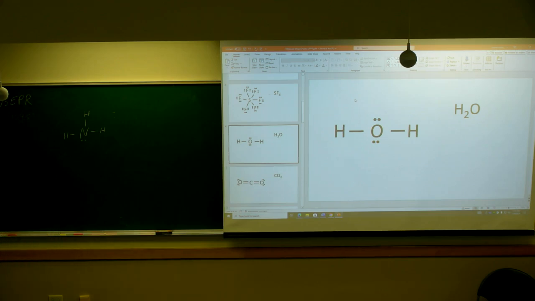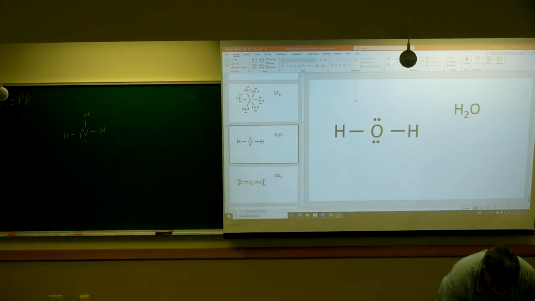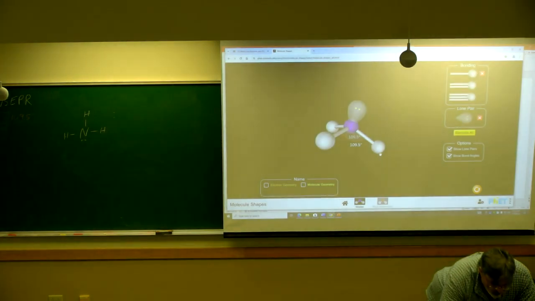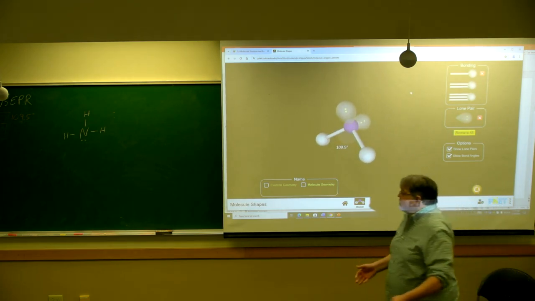This is bent at 109.5 degrees. It's still essentially tetrahedral. If I did it with this little tool, there's water. It's still tetrahedral. But you ignore those 2 pairs of electrons, you see the bent shape.